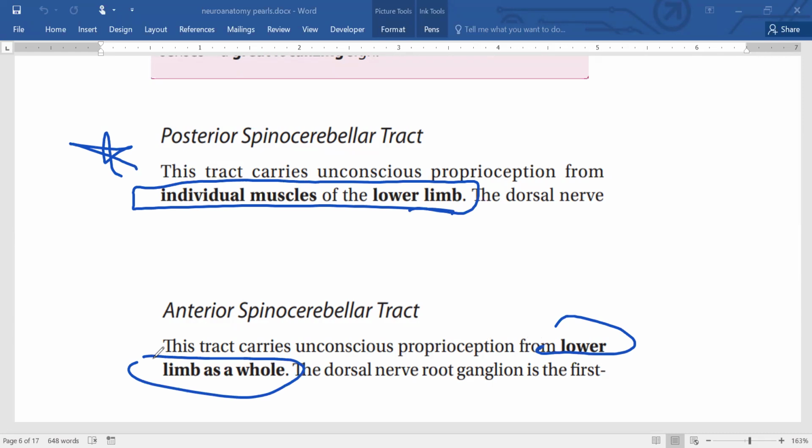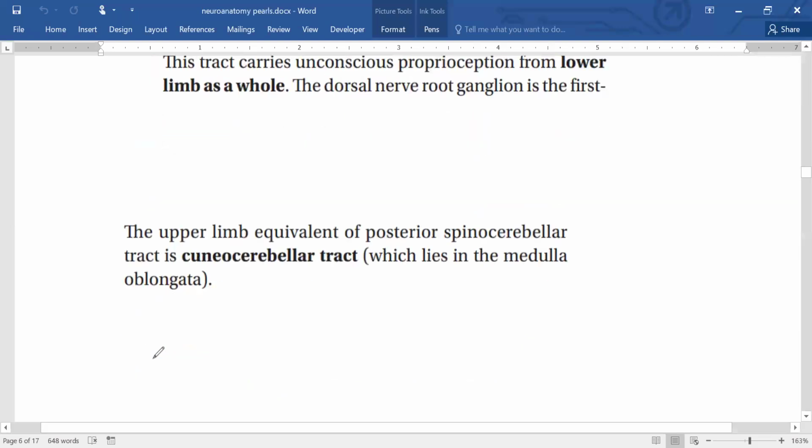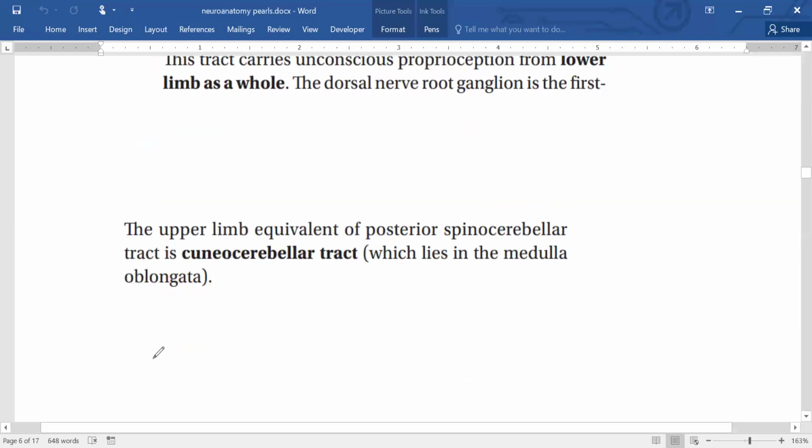So this is the difference between the anterior and the posterior spinocerebellar tract. Third one is the cuneocerebellar tract, which is the upper limb equivalent of the posterior spinocerebellar tract, carrying the sense of proprioception from the individual muscles of the upper limb.